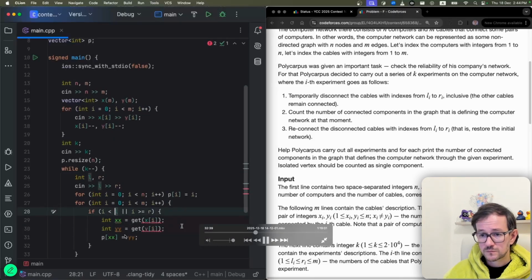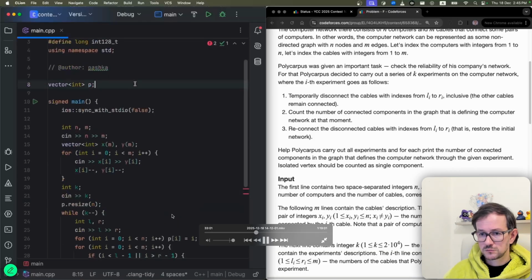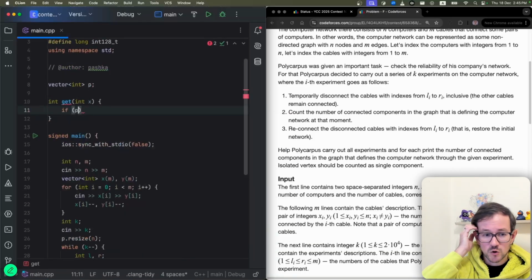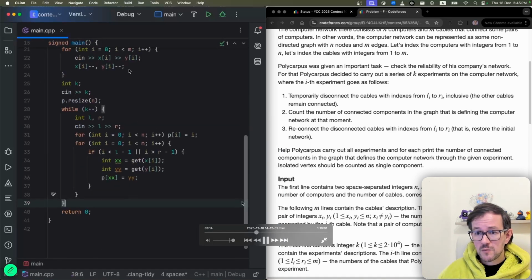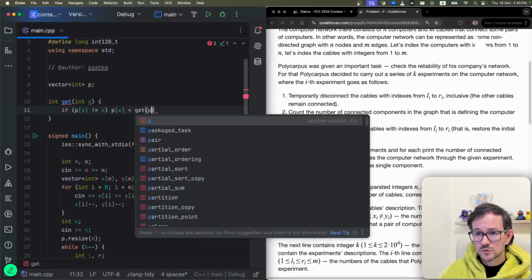So I just take all the edges and unite them in disjoint set union like I usually do. Here I make a normal implementation of it. I usually implement it in a very simple way, just like this, with the path compression heuristic.